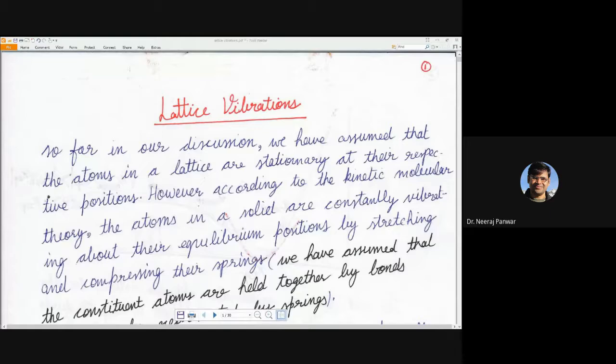The second thing is that in band theory we ignored the electron interaction. We are saying that an electron moving in the metal or solid remains unaffected by the presence of other electrons.